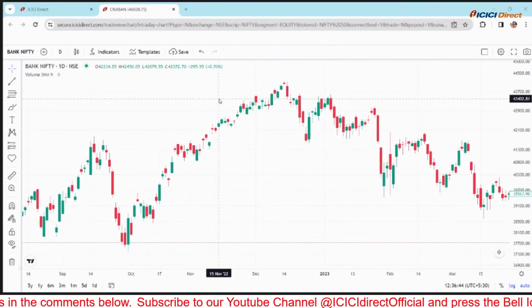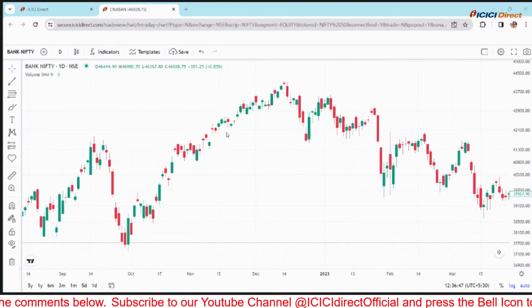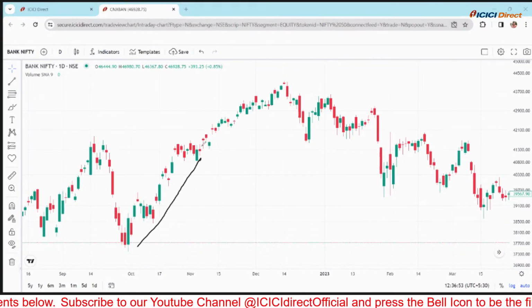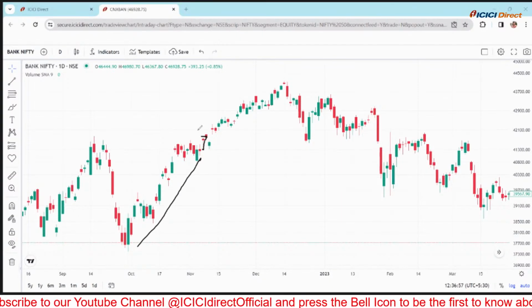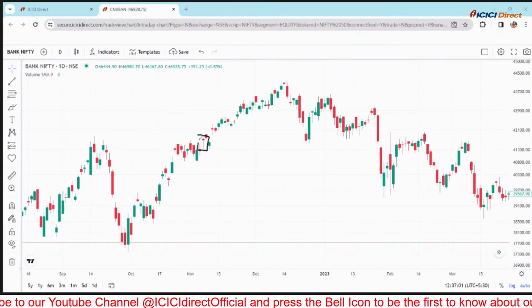If you see this uptrend, there was a hanging man here because it qualifies. The condition for the candlestick is that the shadow should be 2x or more than the size of the body, with a very small upper wick.